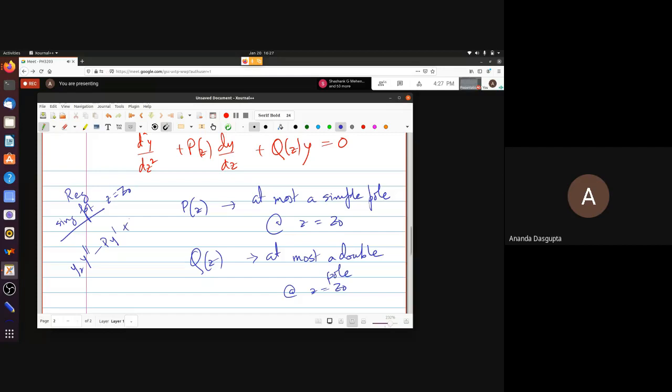If you have two solutions to this equation, solution 1 obeys this, and you can multiply it by y2, and then you put in the equation for y2, which is like this, multiply that by y1 and subtract.